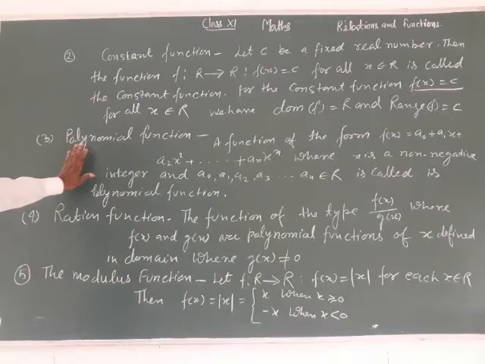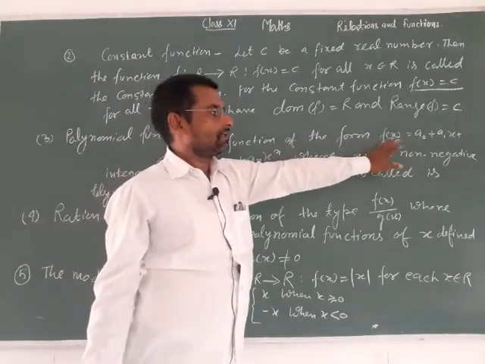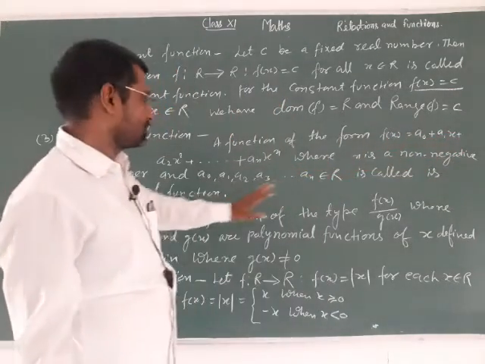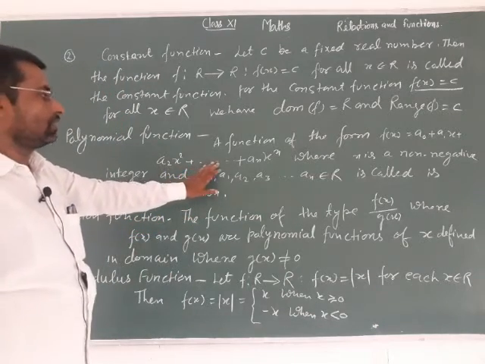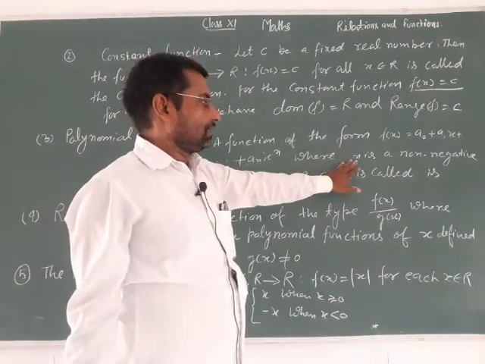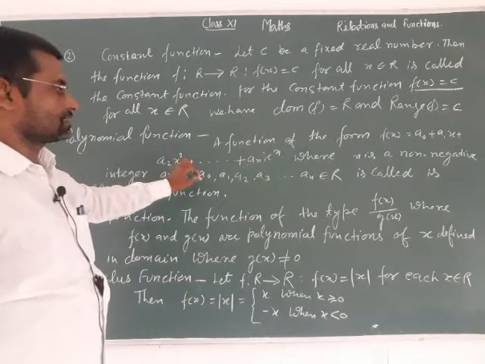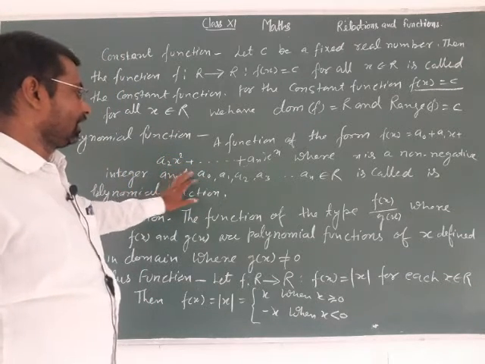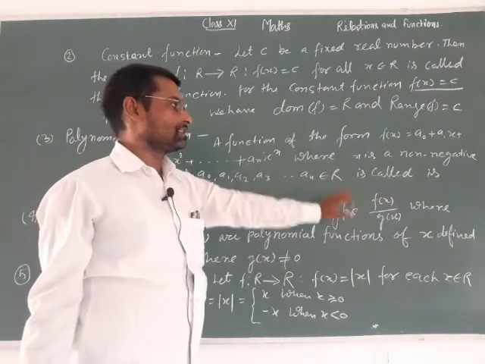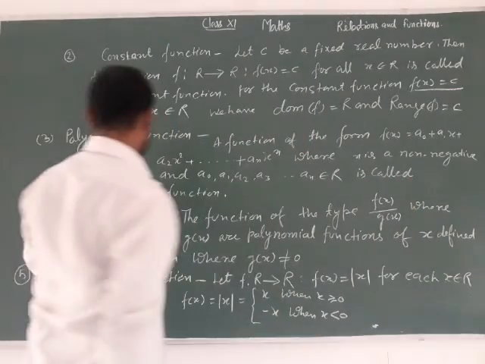And third, polynomial function. A function of the form F(x) = a0 + a1x + a2x² + a3x³ + ... + anx^n, where n is a non-negative integer and a0, a1, a2, a3, ..., an belong to R, is called a polynomial function.